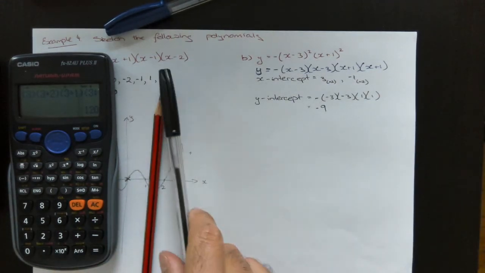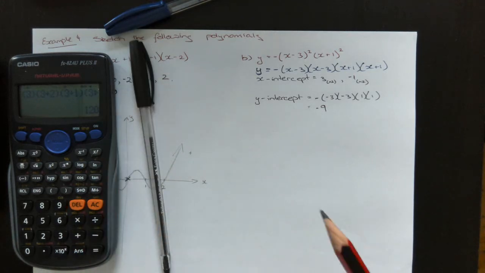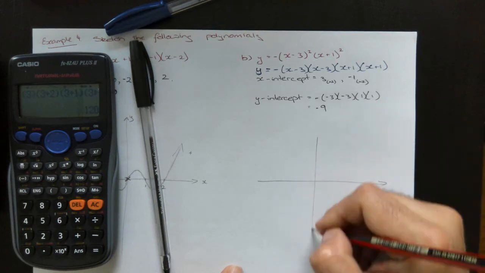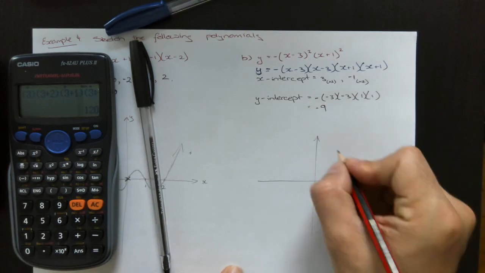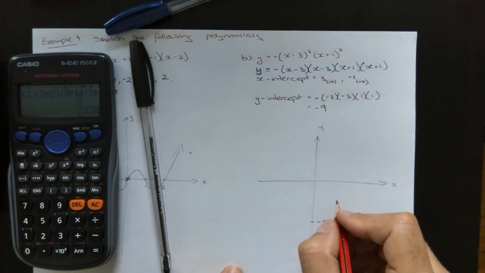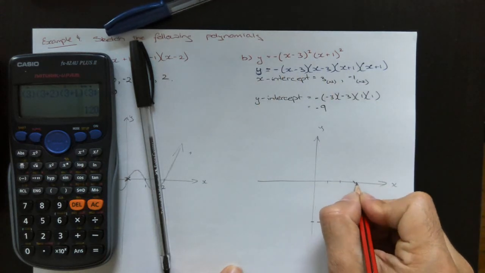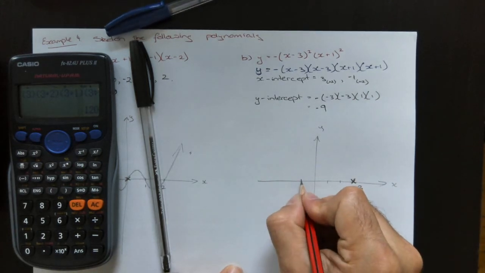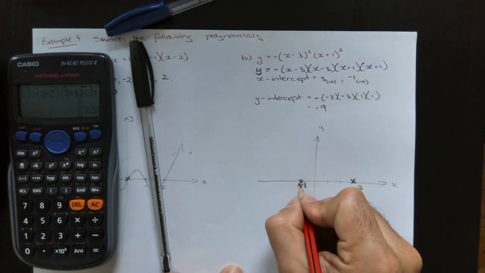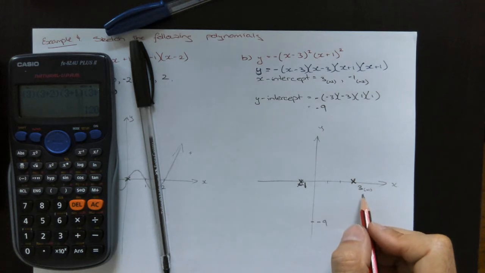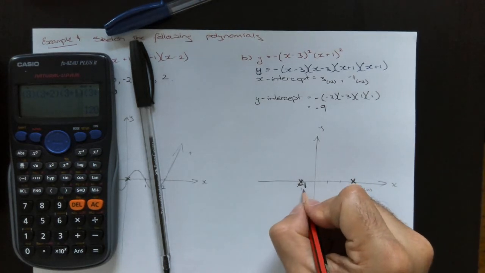So far we have a y-intercept here at -9, an x-intercept here at 3, and an x-intercept at -1. It happens twice here, and it happens twice here.